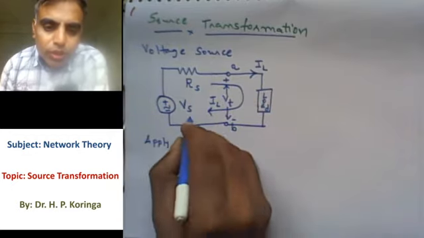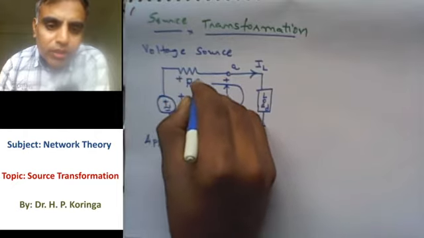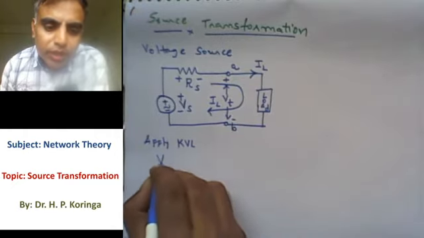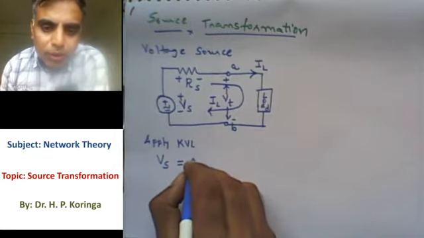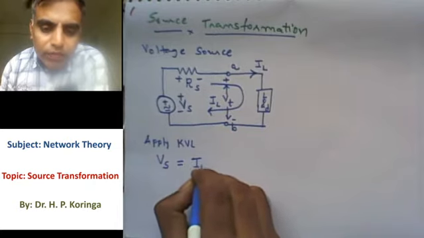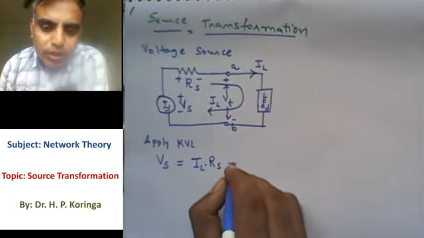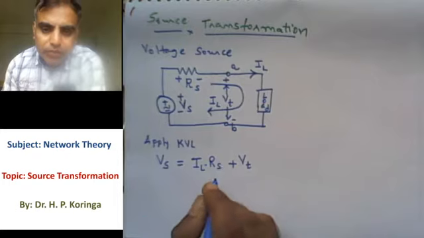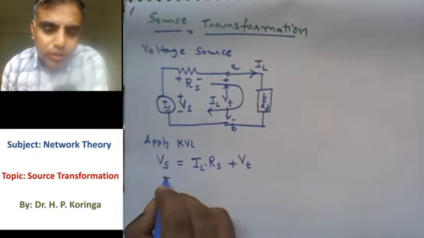The supply voltage Vs is equal to the voltage drop across Rs plus the terminal voltage Vt. The voltage drop across Rs is the current passing through Rs, which is IL times Rs, plus the terminal voltage Vt.